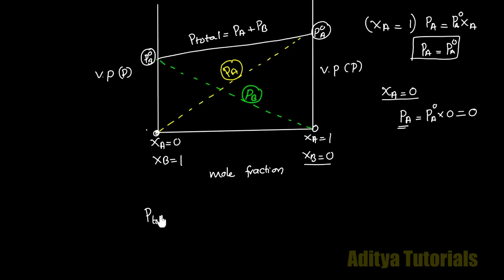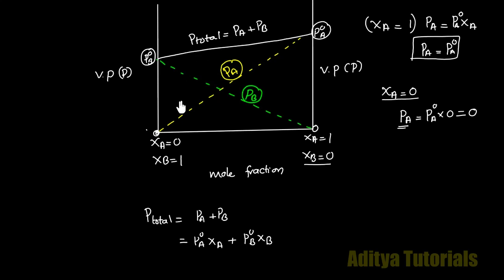Therefore, P total is equal to the partial pressure of A plus the partial pressure of B, or else we get the pressure of pure component A multiplied by the mole fraction of A plus the pressure of pure component B multiplied by the mole fraction of B. The total vapor pressure of a solution is obtained by joining the two lines here. That is, P total is equal to P of A plus P of B.